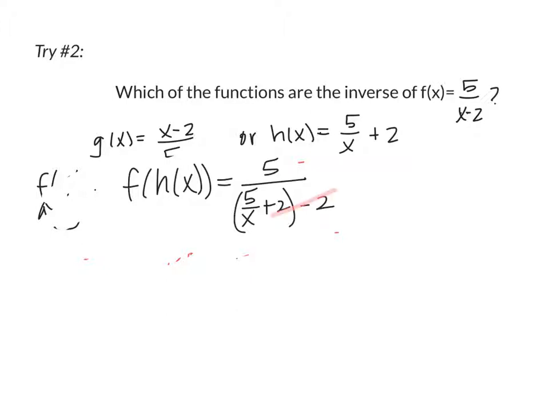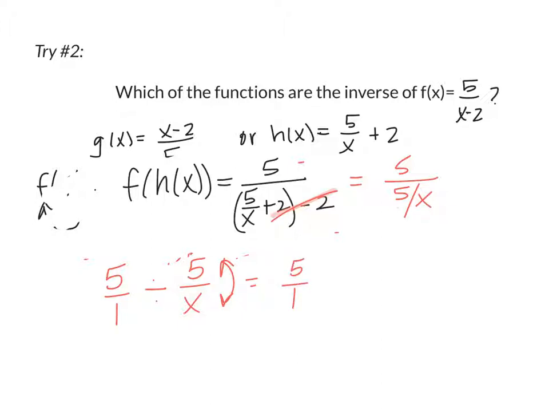We're left with 5 over x. Essentially this is 5 divided by 5 over x. Again, you flip the fraction, which is the reciprocal, to give you 5 over 1 times x over 5. The 5's cancel, and you're left with x.